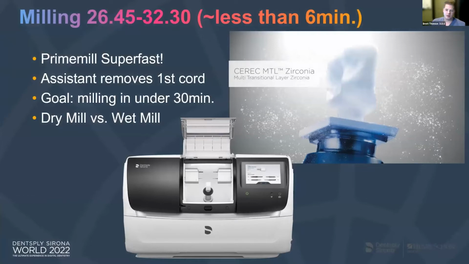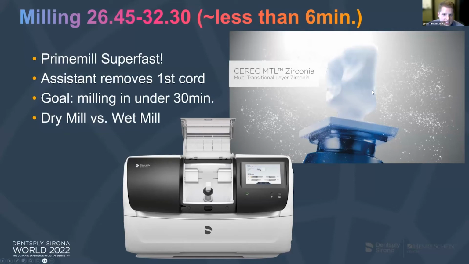All right, so how are we doing on our crown? Really, it's because of the Primemill and their super fast mode. If anybody's seen this, it's pretty fun to watch. It has 4 burrs acting simultaneously, and it can mill out a crown in under 5 minutes.